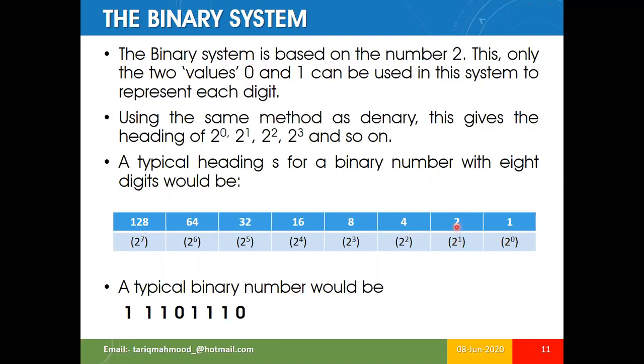2 raised to power 0 is 1. 2 raised to power 1 is 2. 2 raised to power 2 is 4. 2 raised to power 3 is 8. 2 raised to power 4 is 16.